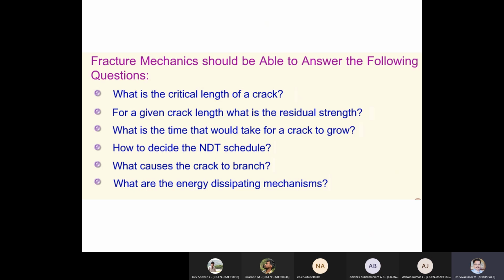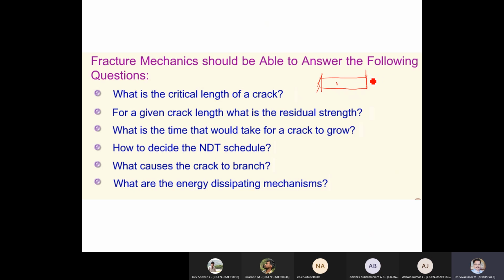At the end of the course, something like your course objective, what will you learn? You can answer all these questions. What is the critical crack length? As we discussed, suppose I have a beam and there is a crack.